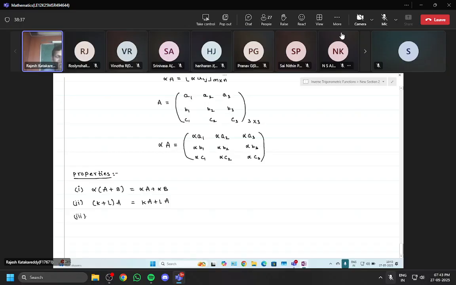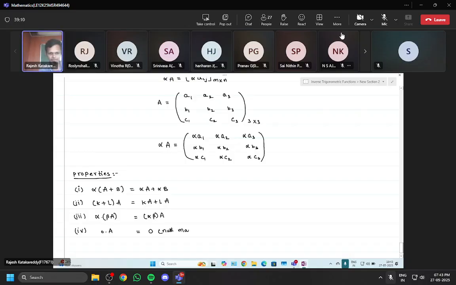Scalar multiplication is associative as well. What do I mean? Alpha into beta into matrix A is equal to alpha into beta into matrix A. Let's say you are multiplying a matrix by 0. 0 into matrix A is equal to null matrix.